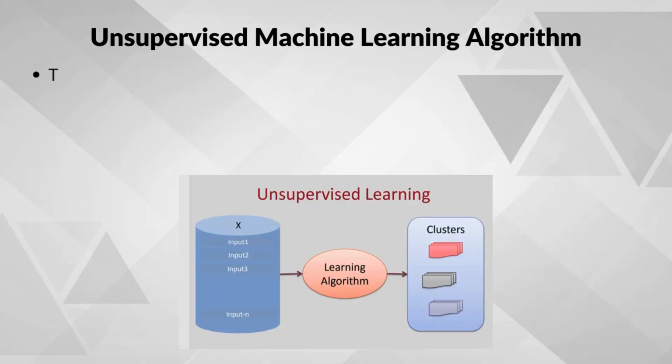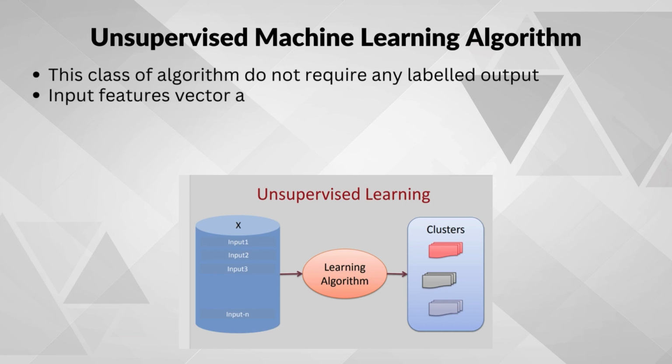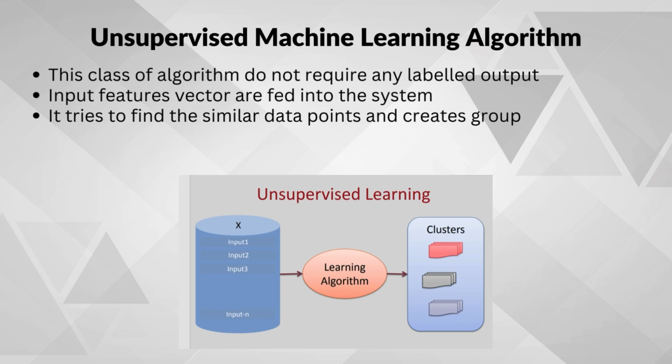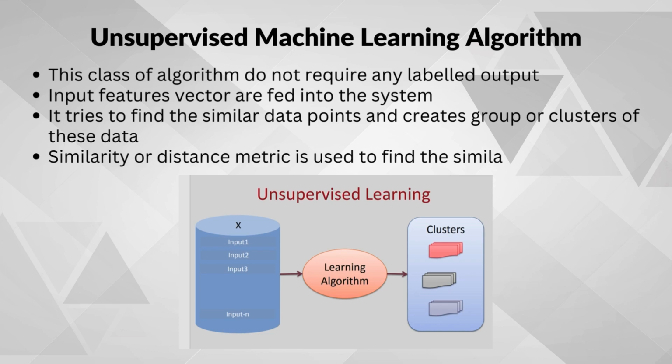Next, we will take a brief look on the unsupervised machine learning algorithm. Unlike supervised, unsupervised machine learning algorithm do not require any label output. So, how does it work? As the name suggests, the unlabeled data in the form of input features are given to the system.